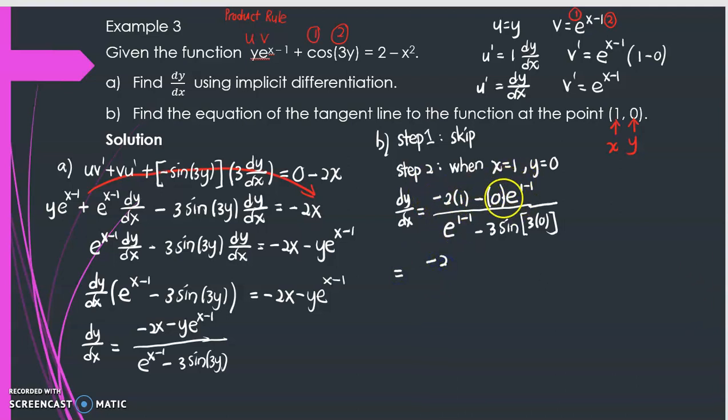Any value multiplied by 0 will become 0, over e to the power of 0 minus 3 sin 3 times 0.